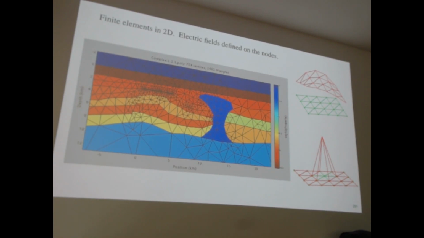So finite elements in 2D becomes a little more complicated. Your test functions now are these things over triangles. But unlike that regular mesh you saw for finite differences, with finite elements, you have the ability to change the mesh within the model and create complicated things.